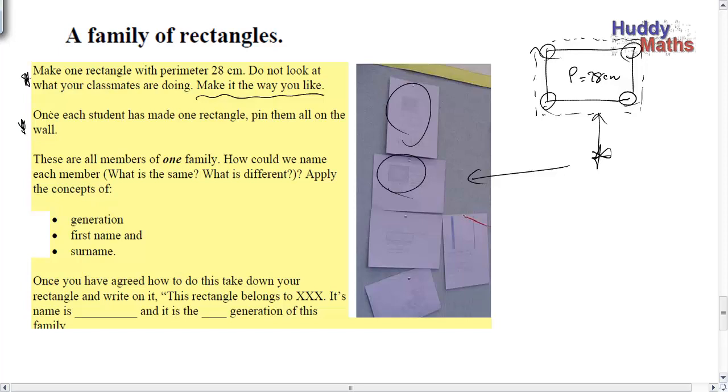They are all members of one family, aren't they? How can we name each member? What's the same? What is different? Apply the concepts of generation, first name and surname. Okay, so what I'd like you to do now is to pause the presentation and have a go at that.